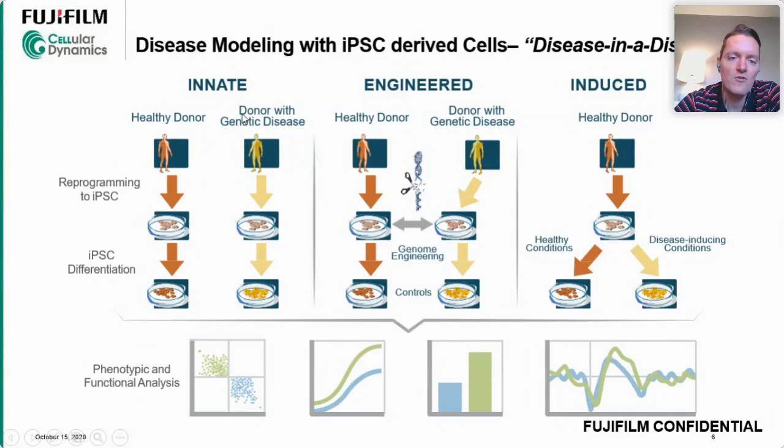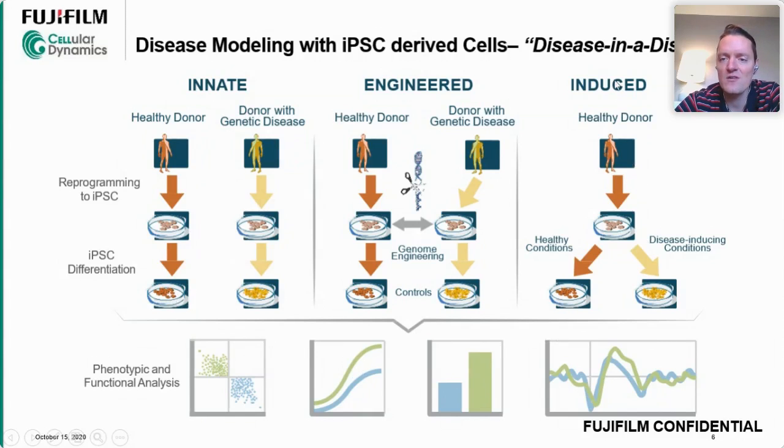And then for a comparison, to be linking the genetics to the phenotype, you could do the same thing, but with a patient that perhaps has a disease-causing mutation for, say, ALS. And then you can hopefully recapitulate that disease in a dish phenotype and compare it to the healthy cells.